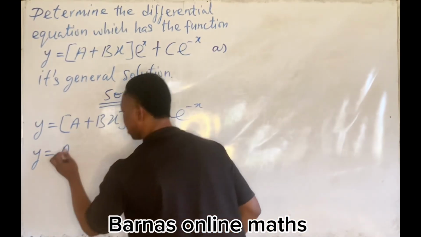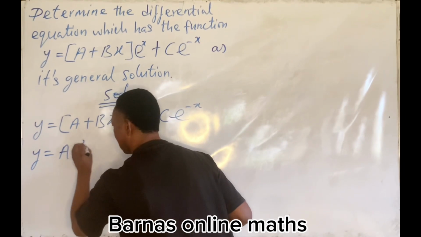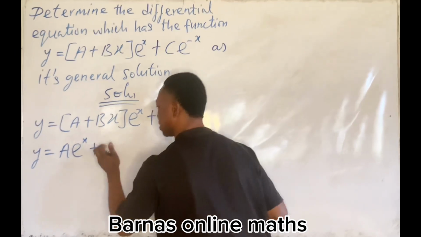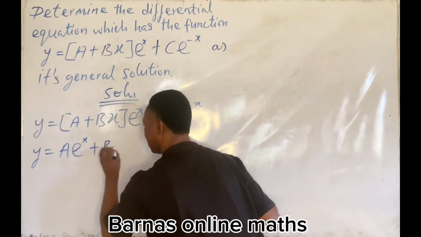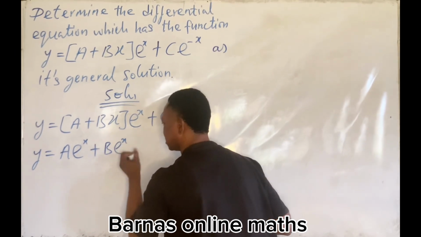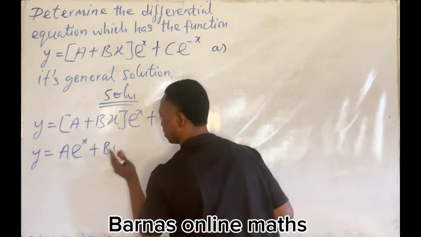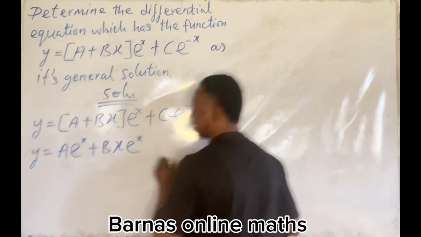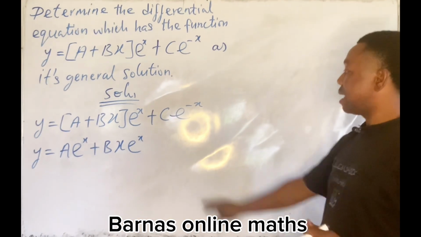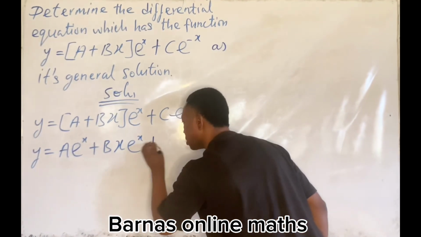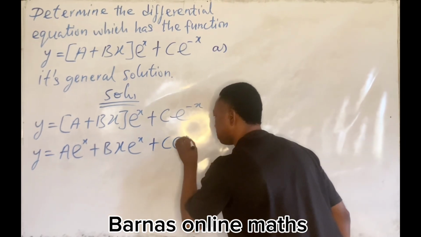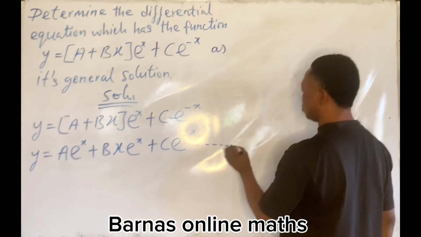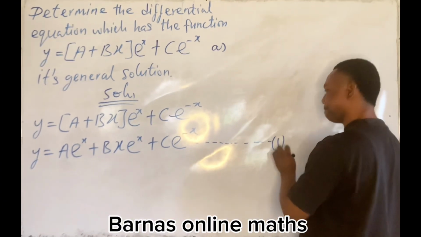This into this will give us a e to the power x, plus this into this will give us b x e to the power x, then plus c e to the power minus x. Let's call this equation 1.